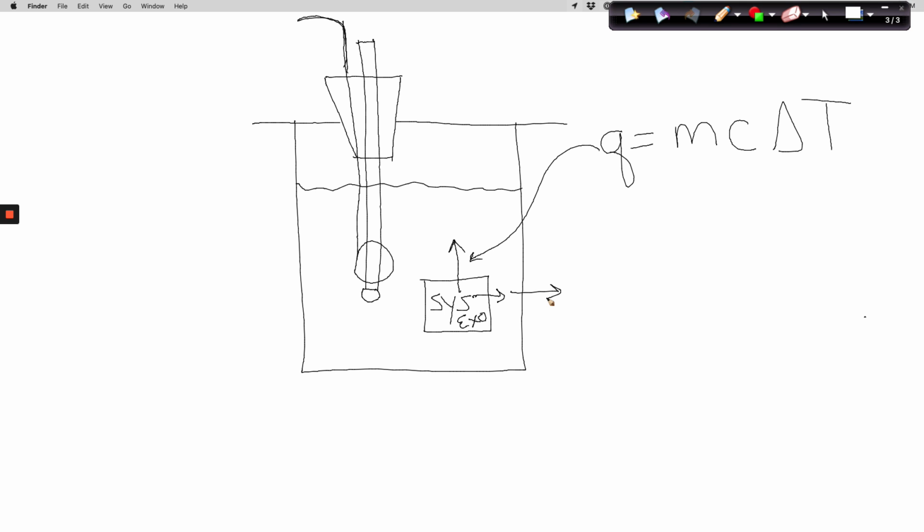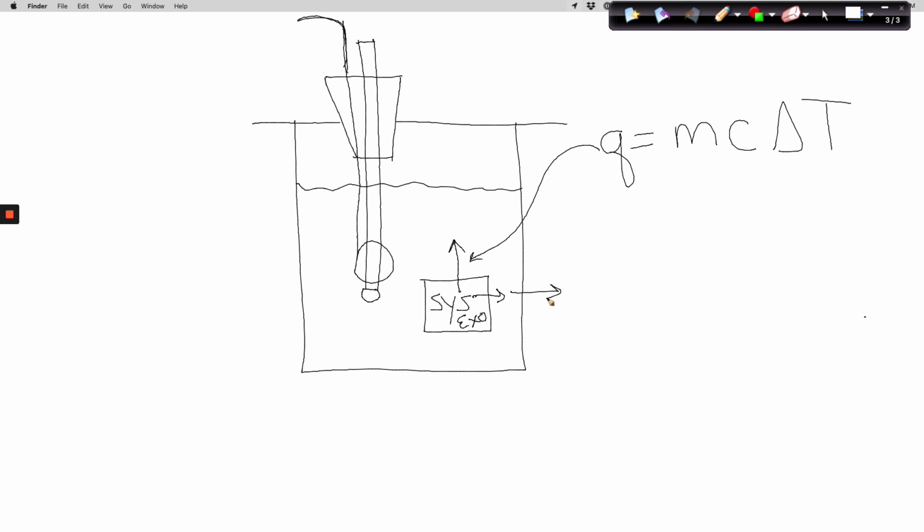Because we know if we come back 2 hours later, our hot cup of coffee is now room temperature. What happened? Well, guys, the energy leaked through the styrofoam, and that happens. So if we really want to know how much energy this system is losing, we got to account for that. The way that we do it is brilliant.